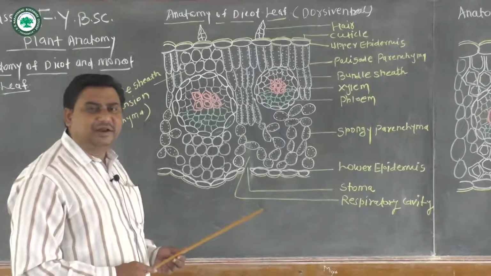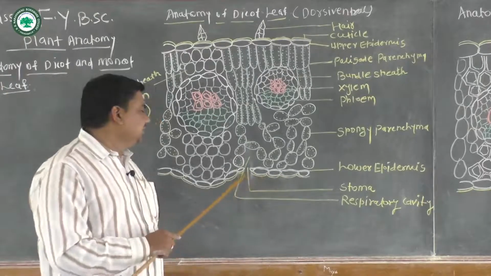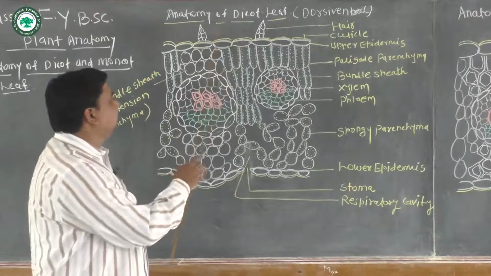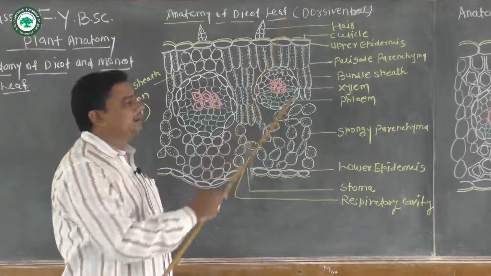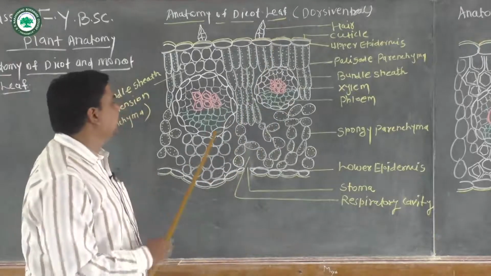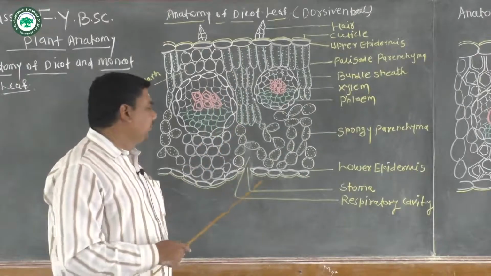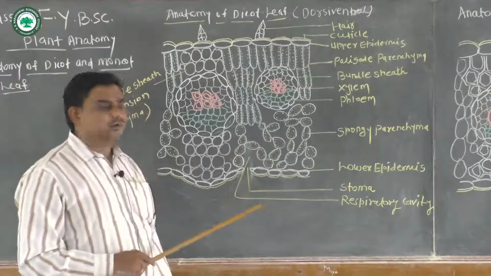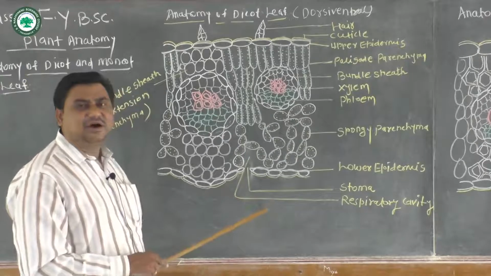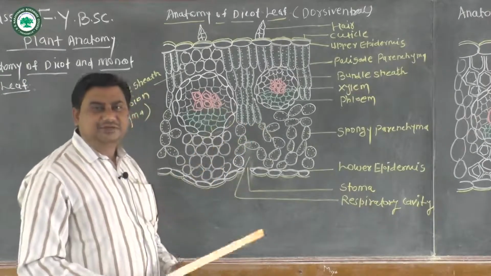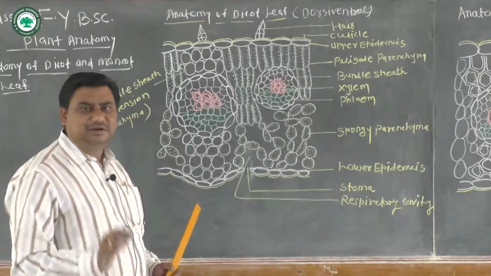Here on the lower epidermis, stomata are present. You can observe here, on the upper epidermis there are no stomata in the case of the dicot leaf. But stomata are present on the lower epidermis. That's why the leaf is called a hypostomic leaf.